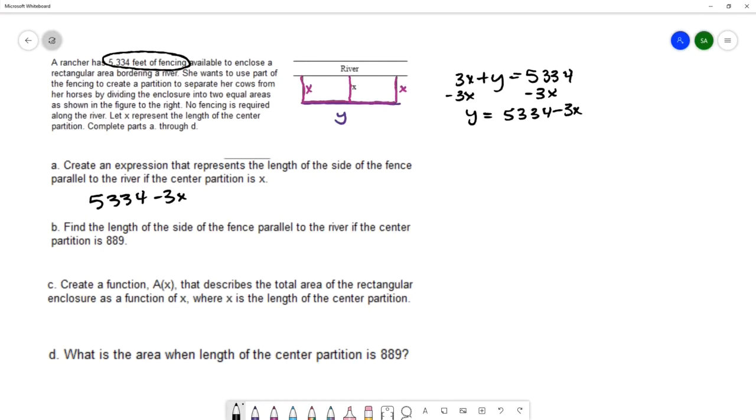Then if we want to find the length of that side, when we're given that the center partition is 889, we're given that value of X, we can substitute to get the value of Y, the side parallel to the river. That's 5,334 minus 3 times 889. We can do that with our calculator.